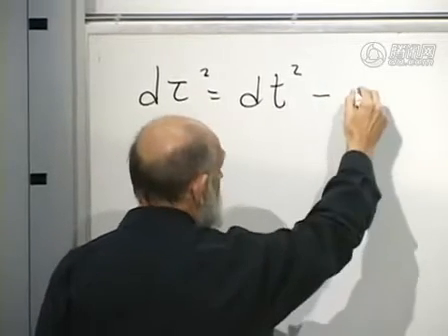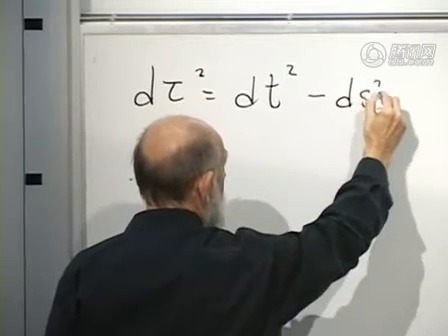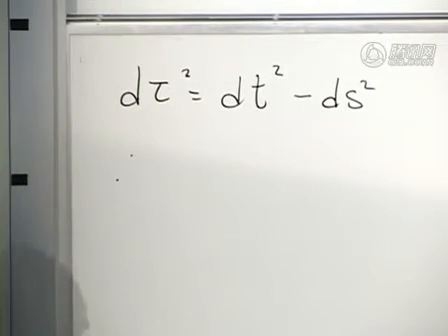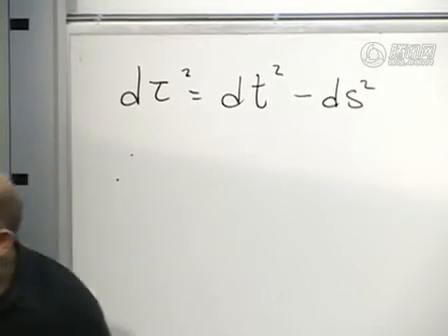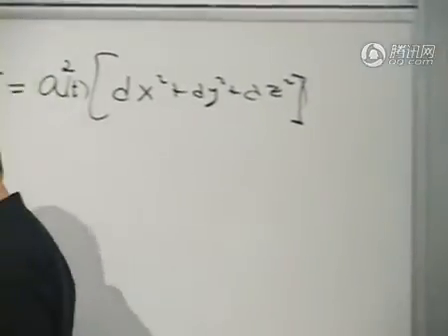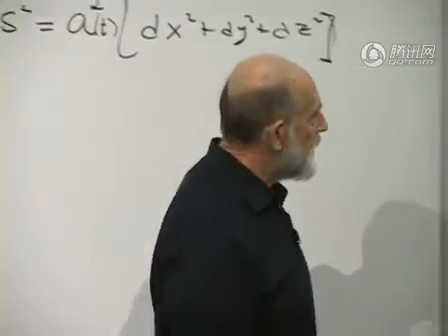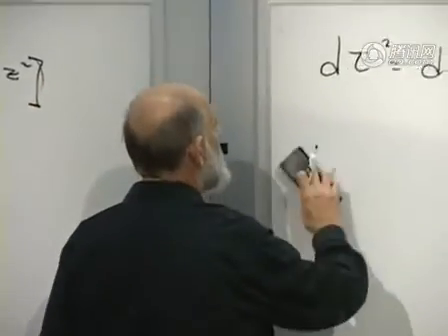We might as well just call it ds squared, minus the space distance squared. That's the form that the metric of space-time takes: dt squared minus ds squared.